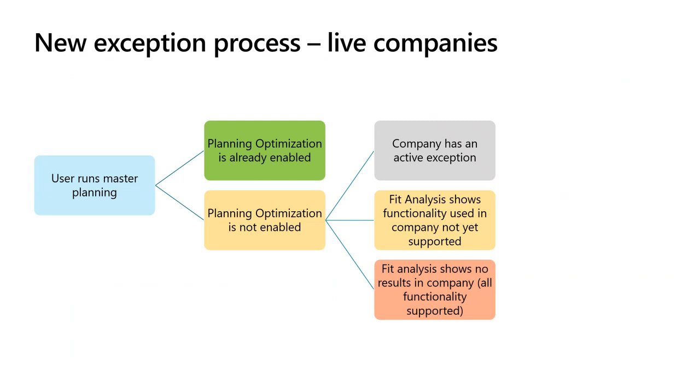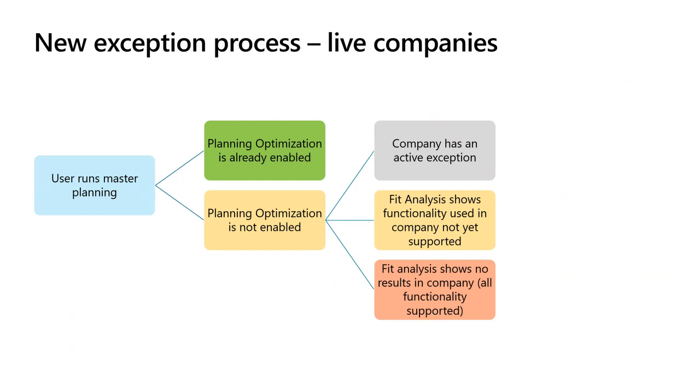Either the company, and notice the company, not the whole customer, not the environment, the company specifically has an active exception, the company is not supported on planning optimization, or it is supported.